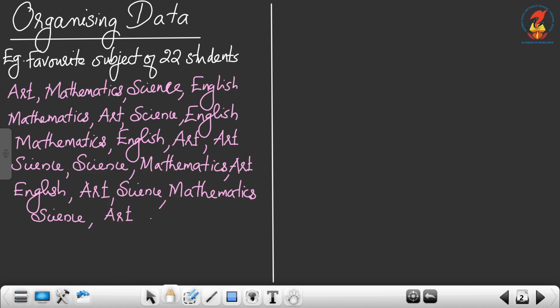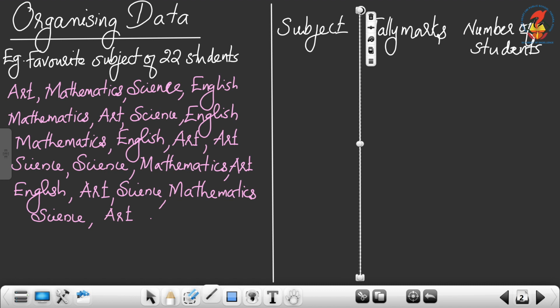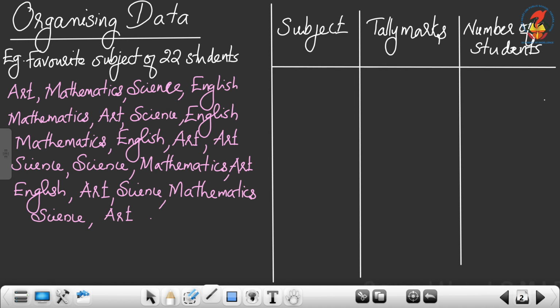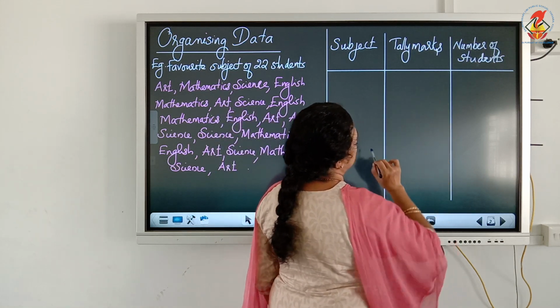In the first column we write subject, in the second column tally marks, and in the third column number of students.